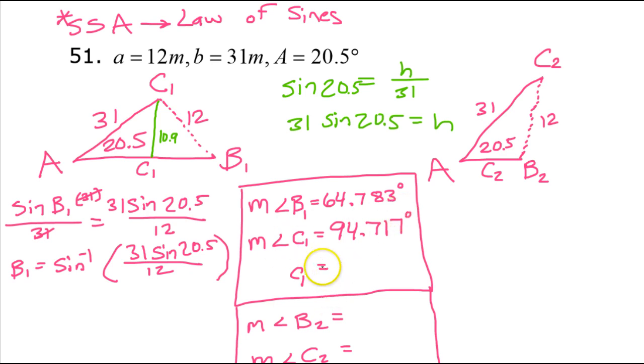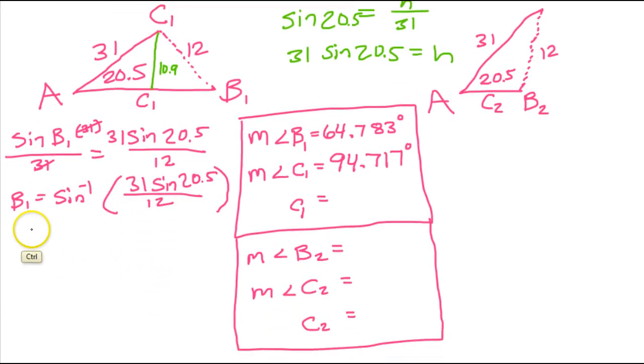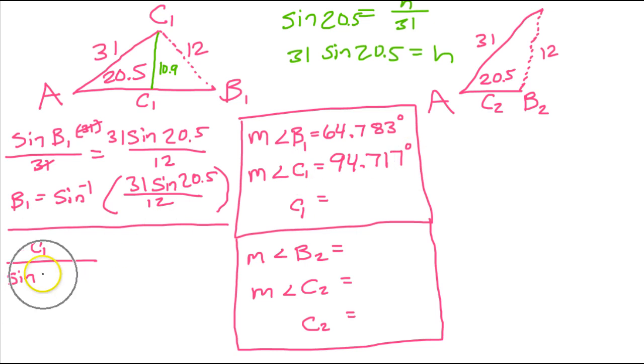Okay, that just leaves side C1. So once again, I'm going to use the law of sines. Because I'm finding side C1, I'm going to put that in the top. So I'll put C1 over the sine of angle C1, which I just found, so the sine of 94.717. And that should equal the same fraction I used before, but this time doing the side over the sine of the angle.